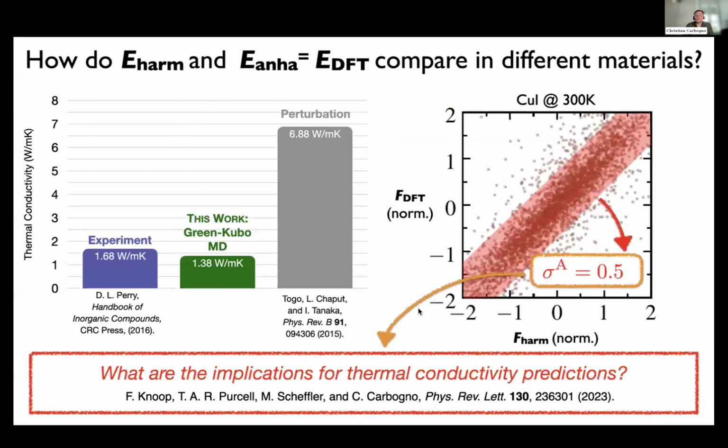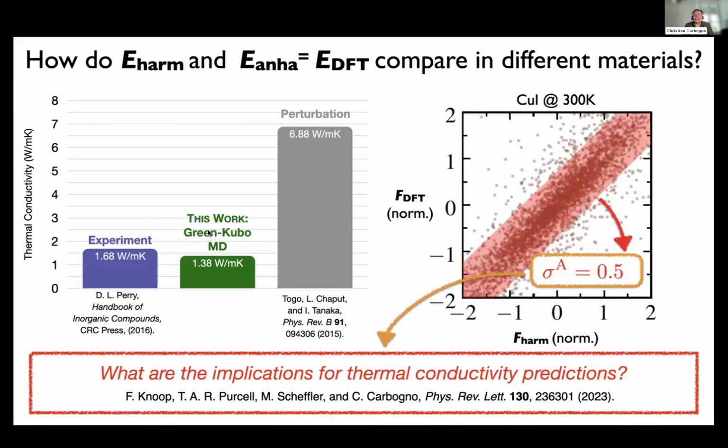If we now do this for copper iodide, what you see is we get a result, even using the exact same electronic structure theory settings, from k-points to sizes to exchange-correlation functional, that is much closer to experiment.